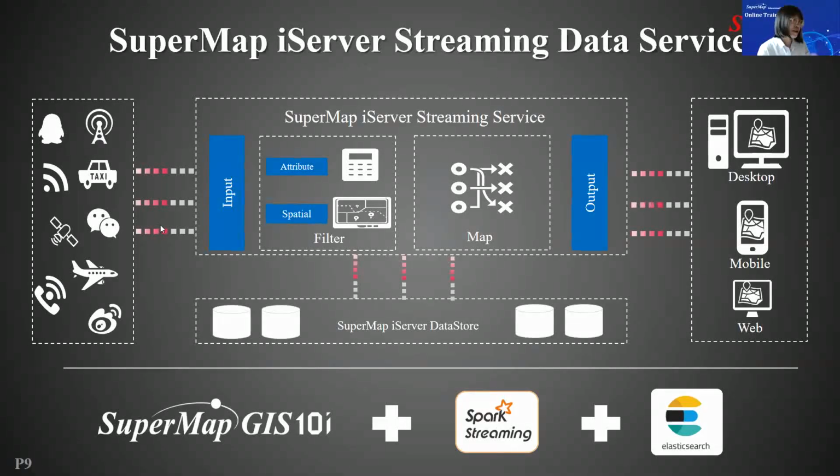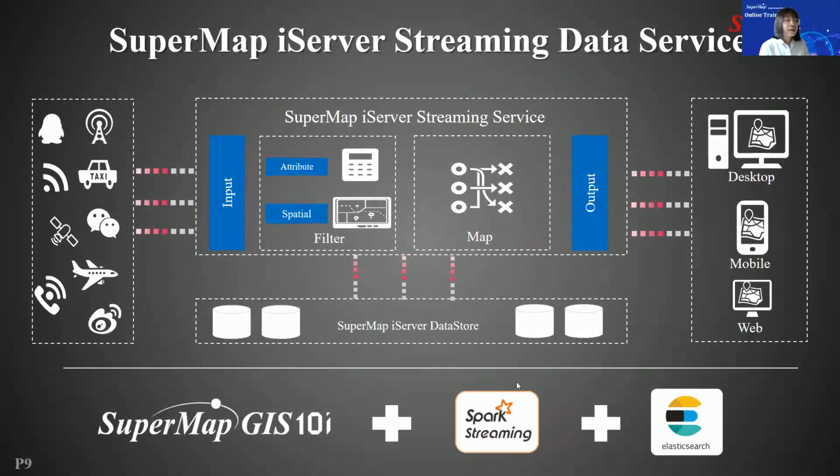We can retrieve the data through these sources, and input this source data to our server side through spatial filtering or attribute filtering, which can be published as a streaming data service. Then the services can be visualized on the desktop side, mobile side, and the website. And in the meantime, the real-time data can also be stored in the SuperMap iServer data store.